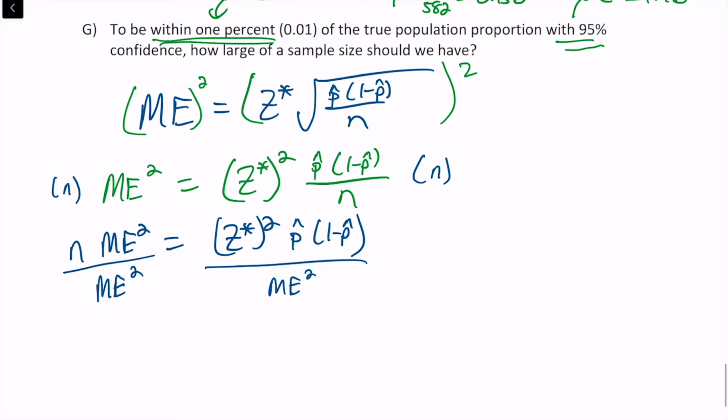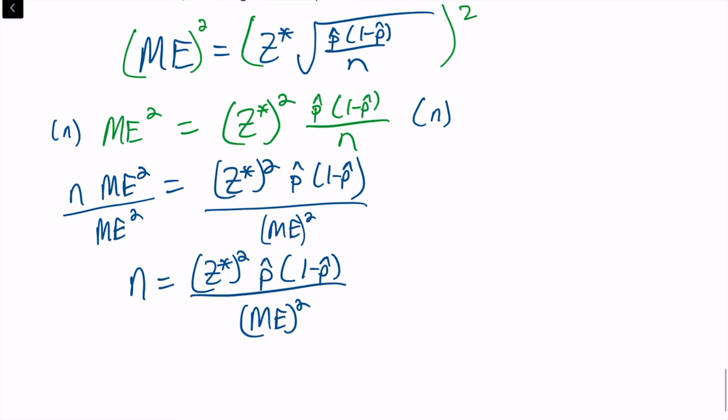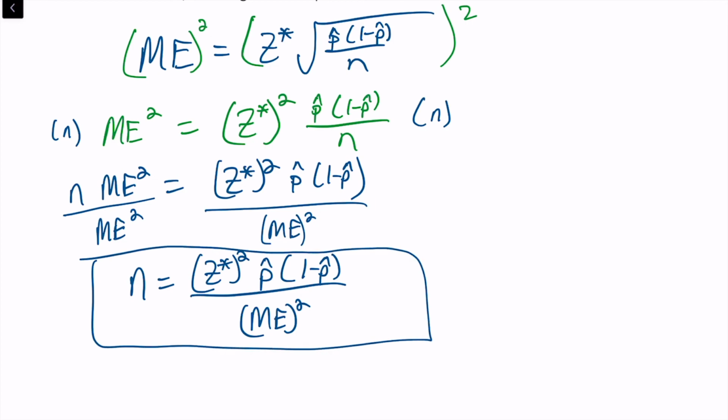To find the sample size needed to achieve a certain margin of error, n equals the critical z-score squared times the sample proportion times 1 minus the sample proportion, over the margin of error squared. You don't have to worry about all that algebra, folks. Know that that is the formula.